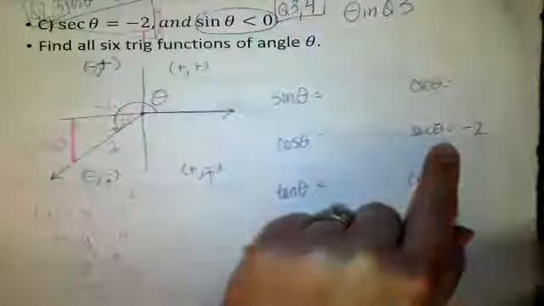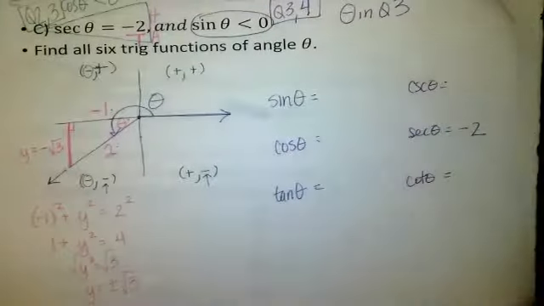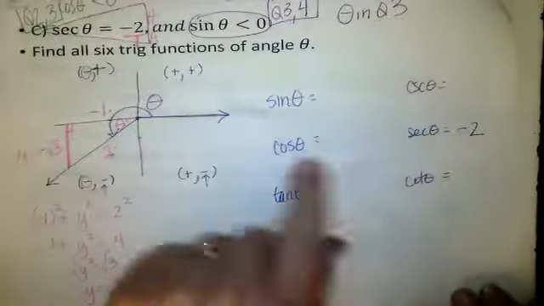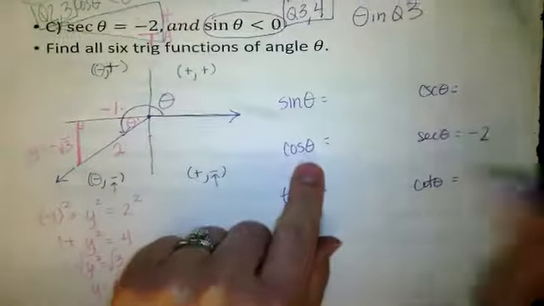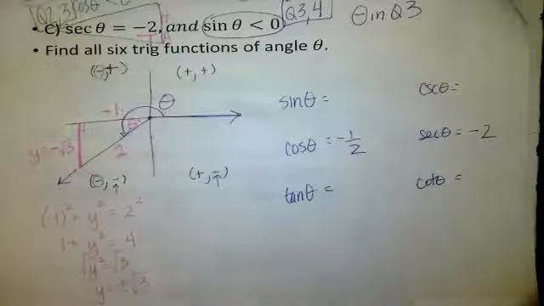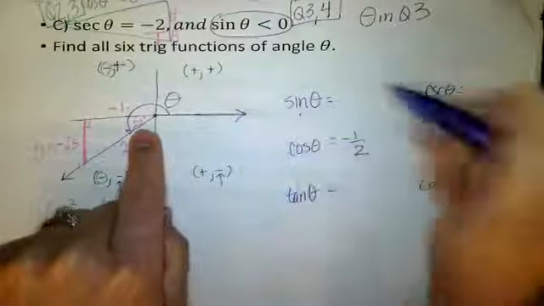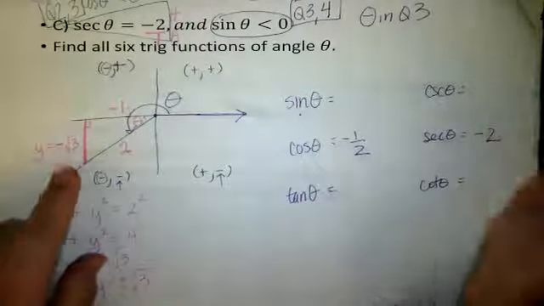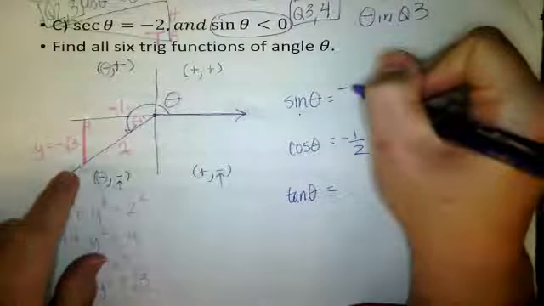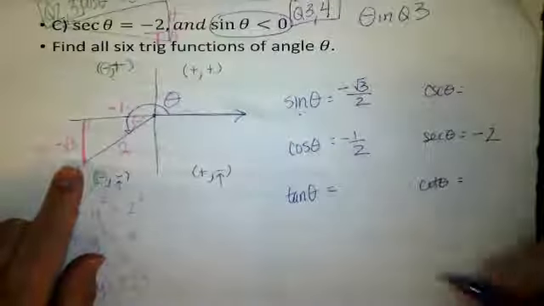Secant is hypotenuse over adjacent. 2 over negative 1 gives me negative 2. So we set our triangle upright. If you know secant, what's cosine? Negative 1/2. Very good. Flip the fraction. Sine, according to our reference angle, is opposite over hypotenuse. Good. Negative radical 3 over 2.